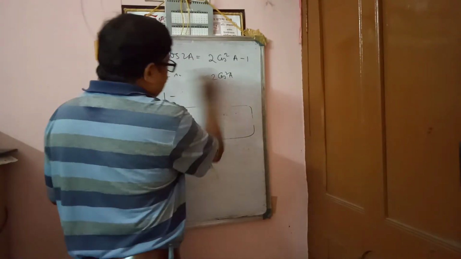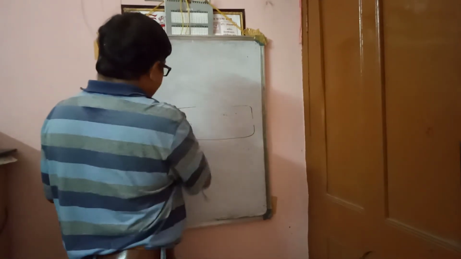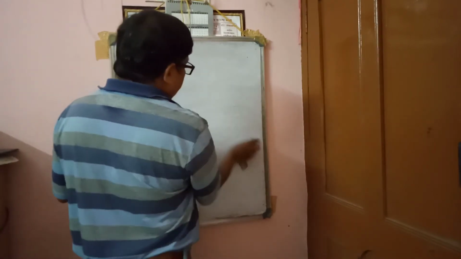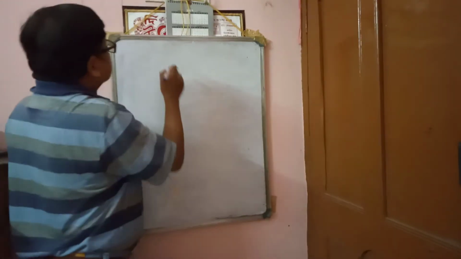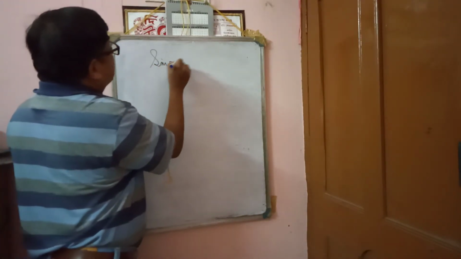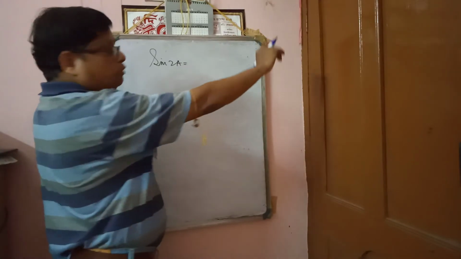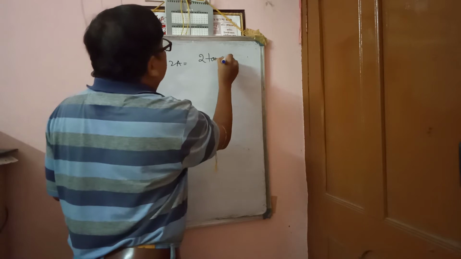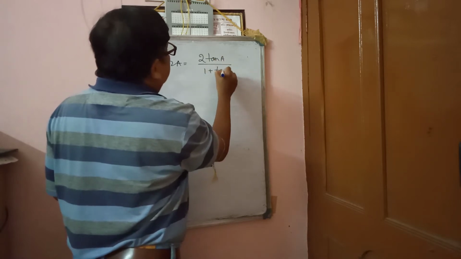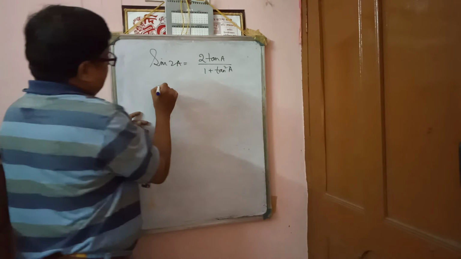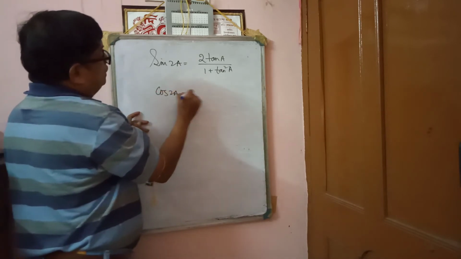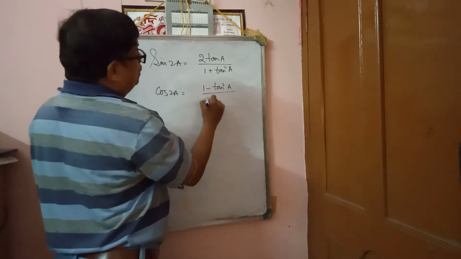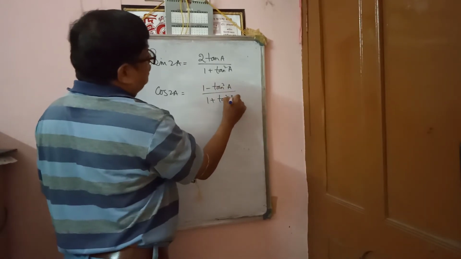Okay? Yes. Again for tan, see, tan 2a. In terms of sin, sin 2a we are getting as 2 tan a by 1 plus tan square a, and cos 2a we are getting 1 minus tan square a by 1 plus tan square a.